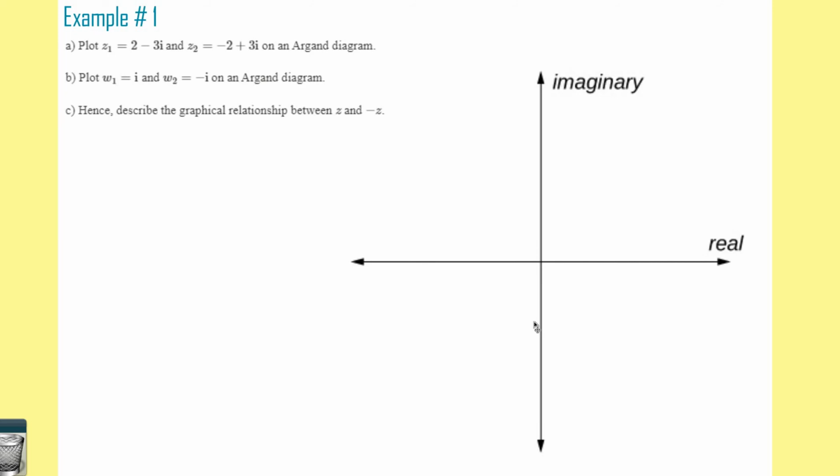If we've got the point 2 minus 3i, the real is my x and the imaginary is my y. You write your point as the real part, comma, the imaginary part.